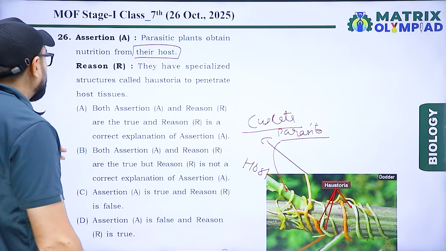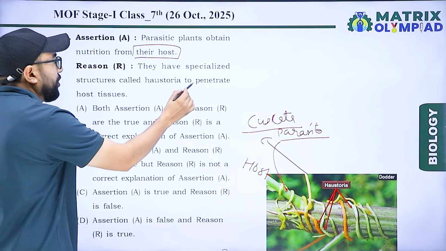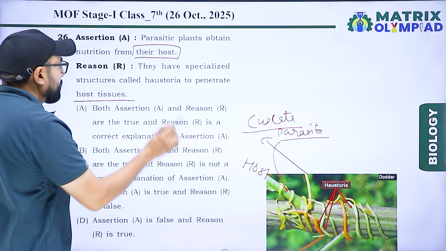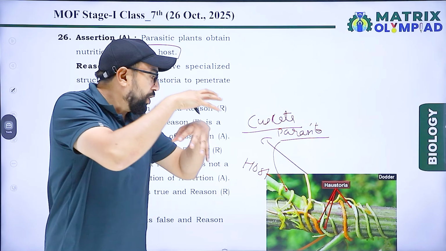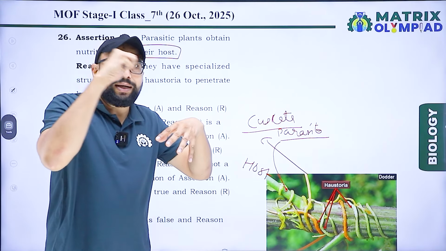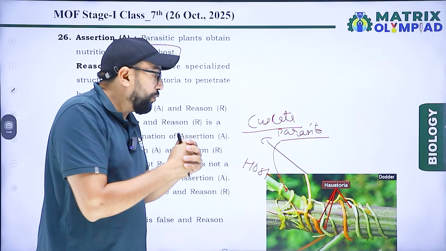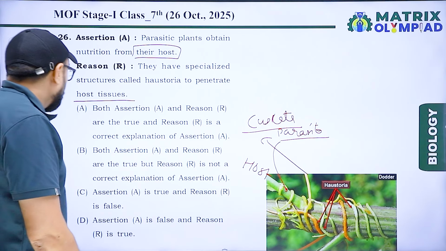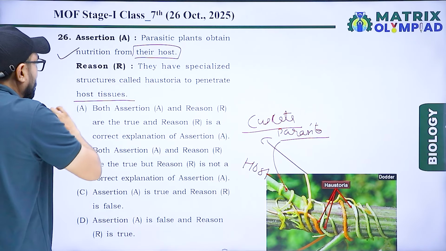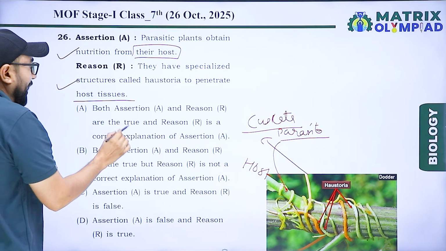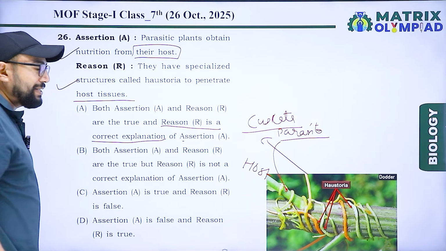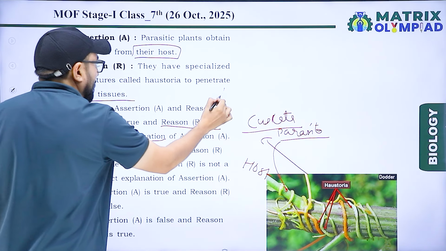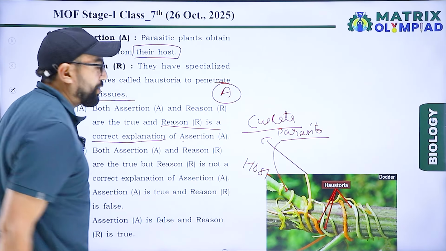They have a specialized structure called haustoria to penetrate host tissue, and absorb and suck the nutrients from the host body. Both assertion and reason are right, and reason R is the correct explanation of assertion A. Option A is right for this question.